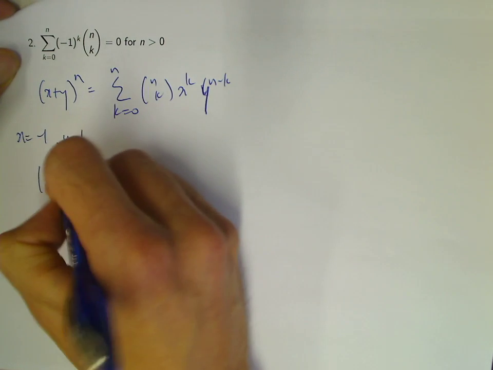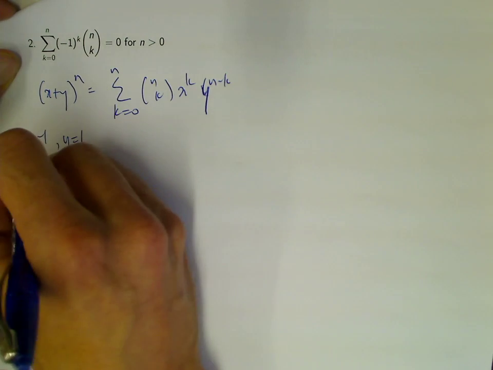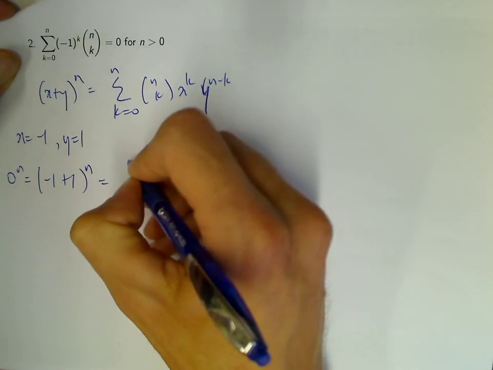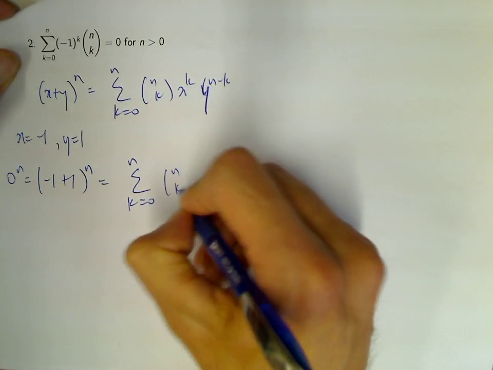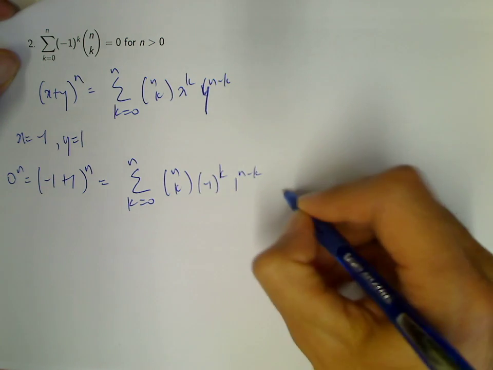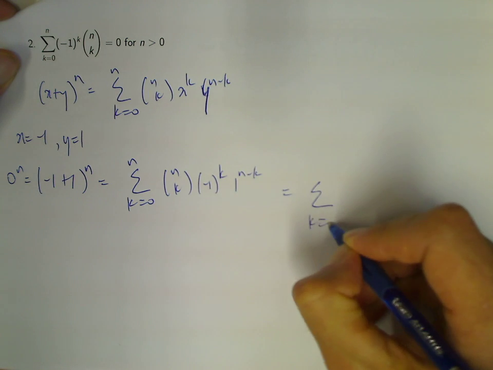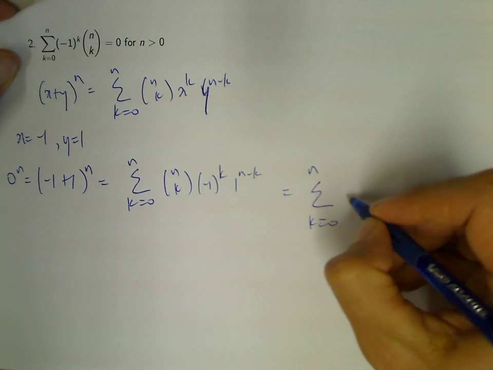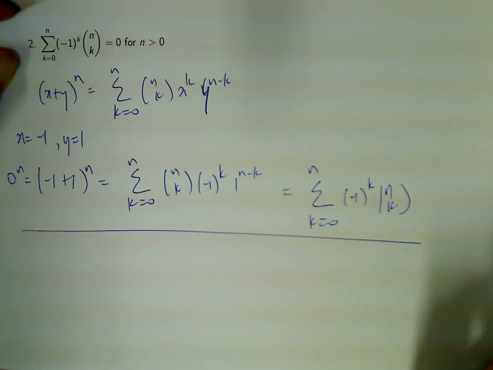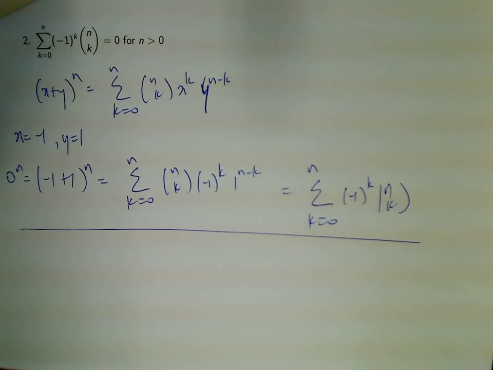Then I have minus 1 plus 1 to the n. That's obviously 0 to the n, and that's equal to the sum k equals 0 to n of n choose k, minus 1 to the k, and then 1 to the n minus k, which is exactly the sum k equals 0 to n of minus 1 to the k, n choose k. So we can get this just using the binomial theorem as well.